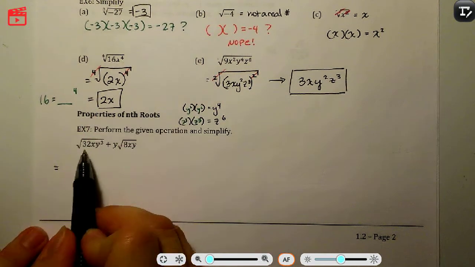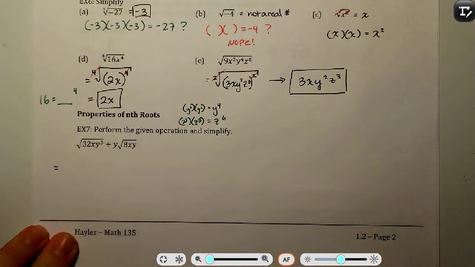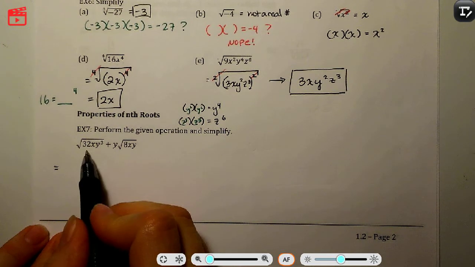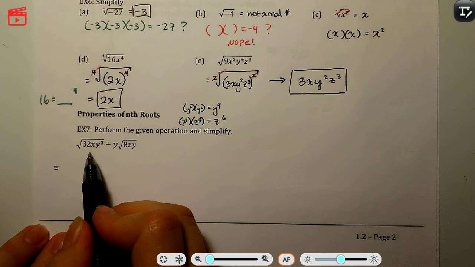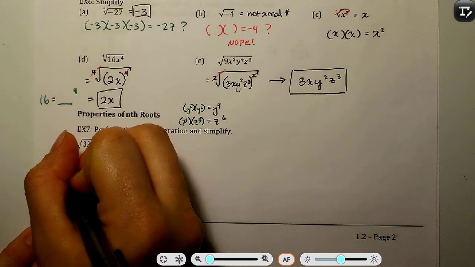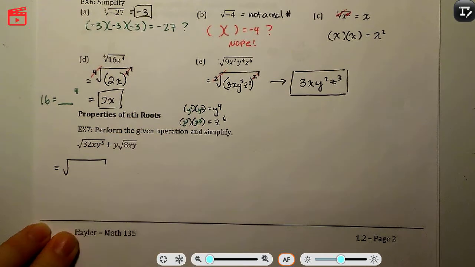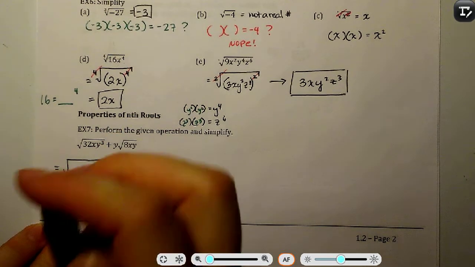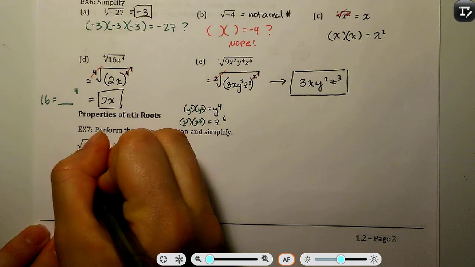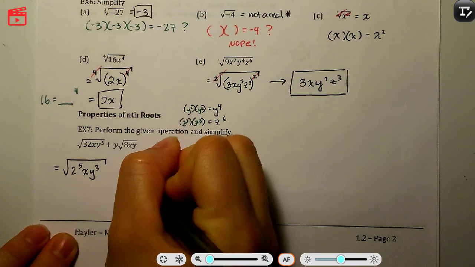So let's look at this. This is a square root. Can I rewrite 32 as something squared? Well, 32, what is that in exponential form anyways? 32 is 2 to the fifth power. And then we have x and y to the third power.